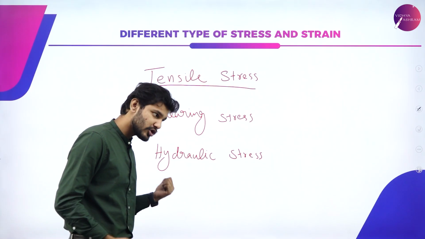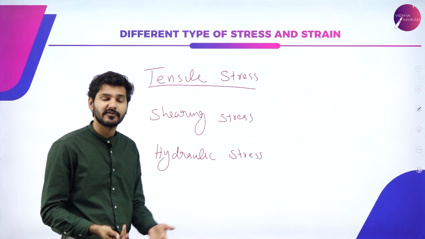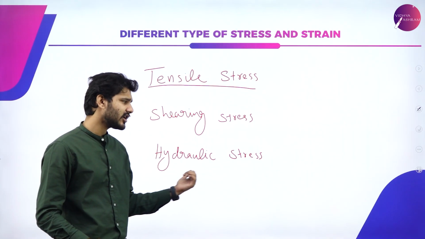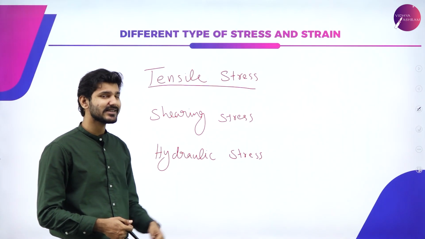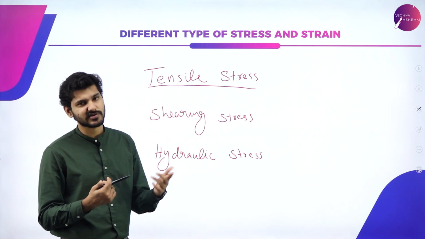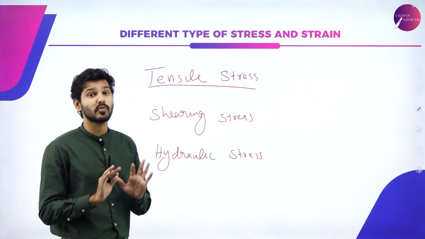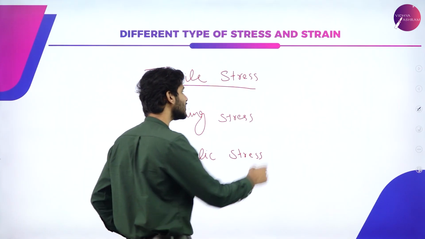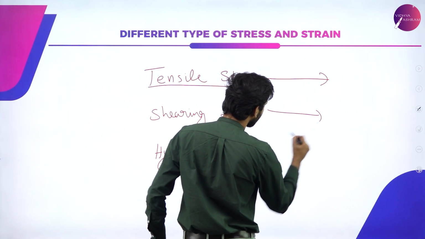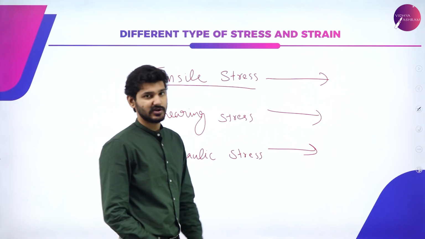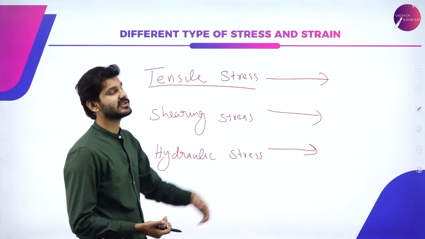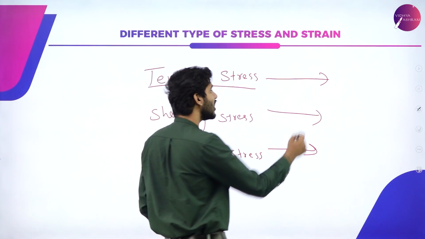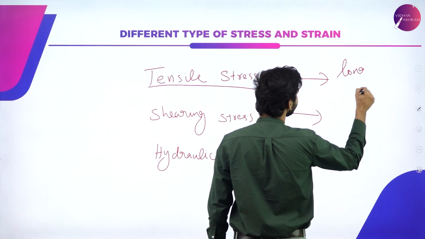But you have also heard about hydraulic pressure, in terms of cranes or hydraulic presses. But shearing stress, I don't think any of you have heard so much about. But don't worry, we are going to learn what all these three kinds of stresses are. And corresponding to these three stresses, there are three strains also. Corresponding to tensile stress, there is not tensile strain, but rather longitudinal strain.